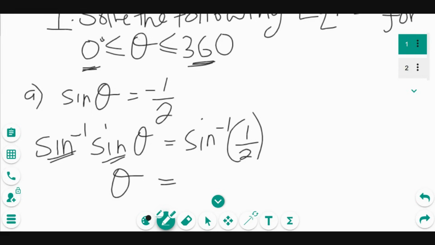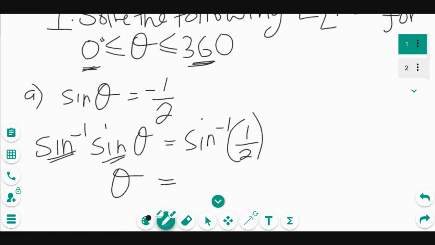To press sine inverse on a calculator, you press shift sine, then you open brackets. You can write 0.5 or you write 1/2 and you close brackets. I prefer to use brackets when entering fractions, just to avoid errors.